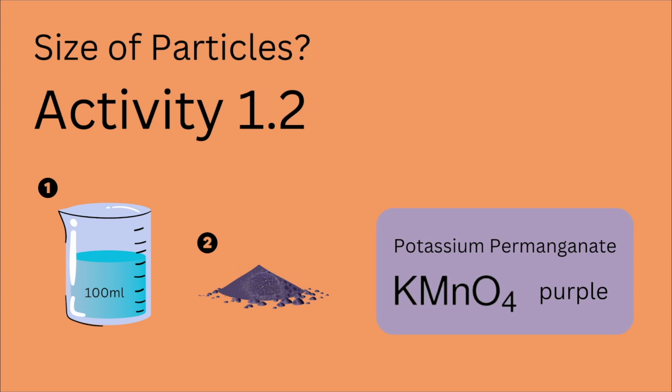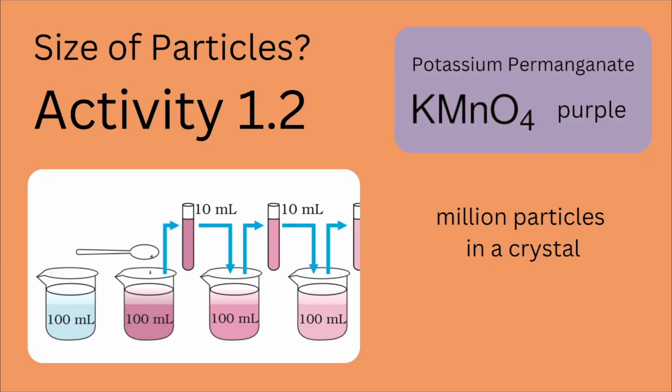Potassium permanganate is a purple colored crystal, and the chemical formula for that is KMnO4. You take a few crystals and add them to this 100 ml of water. You would have observed that the water changes its color to purple.